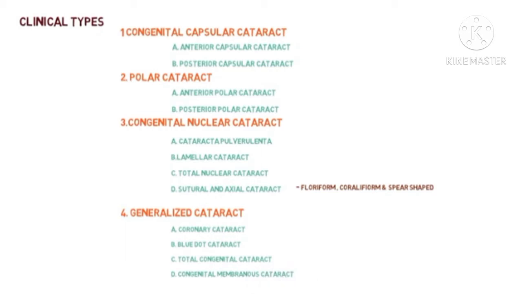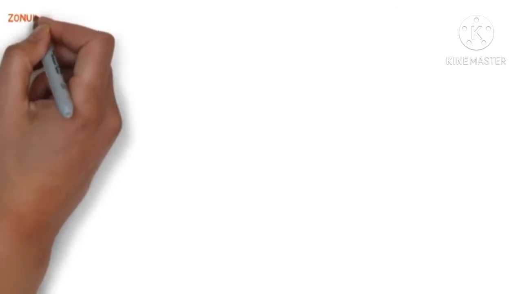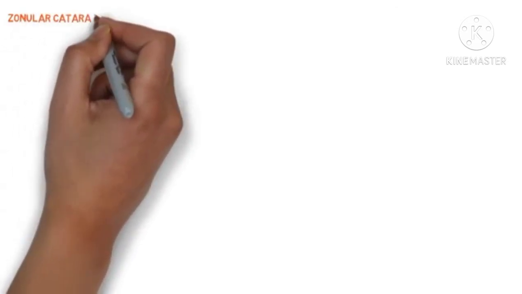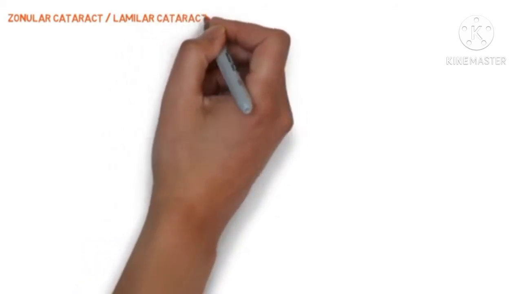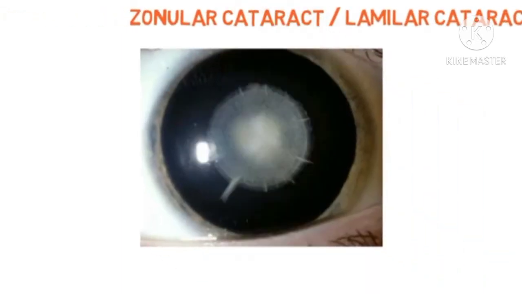Now we will cover only those important points which are very important from your examination point of view. First, that is zonular cataract, which is also called lamellar cataract. It refers to the developmental cataract in which the opacity occupies a discrete zone in the lens.